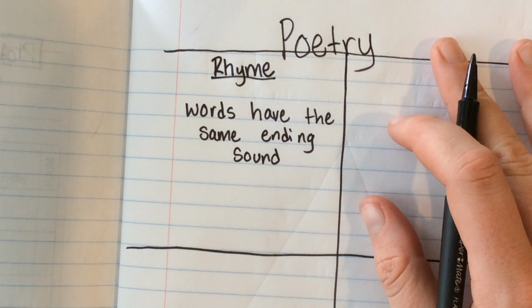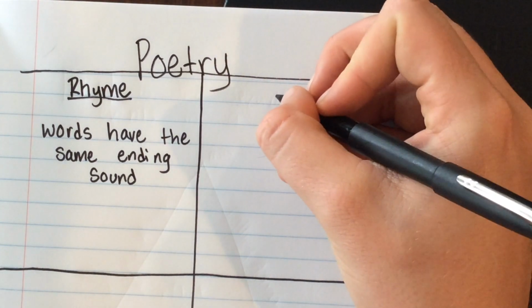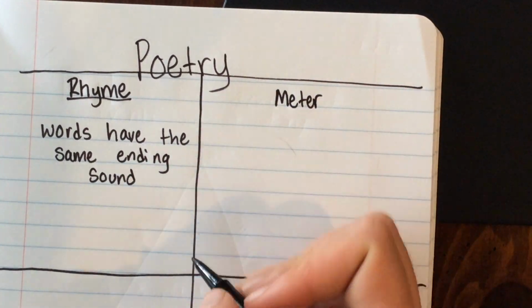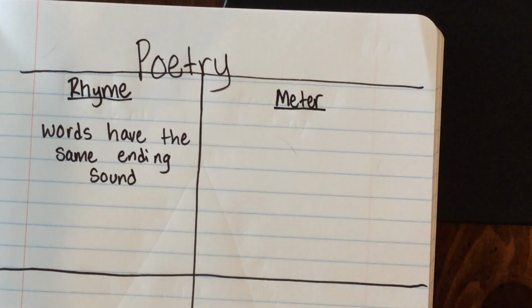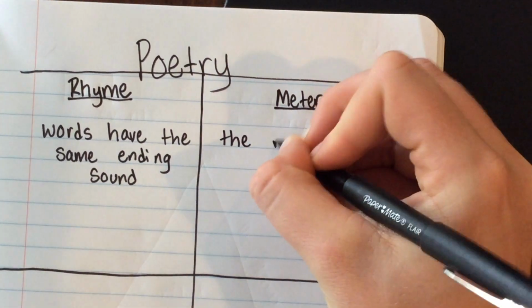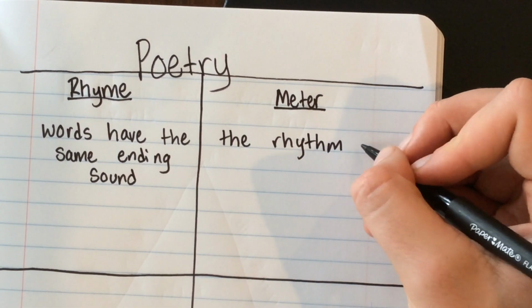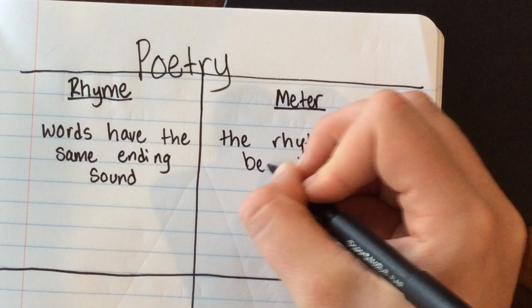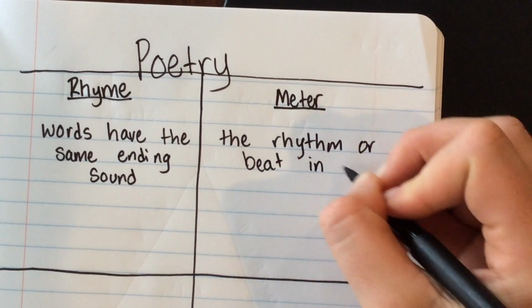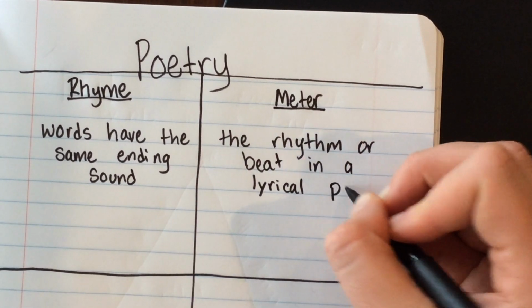All right, the next element of poetry we're going to talk about is meter. Meter. Meter is the rhythm or beat in a lyrical poem.